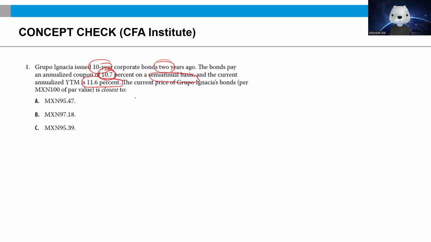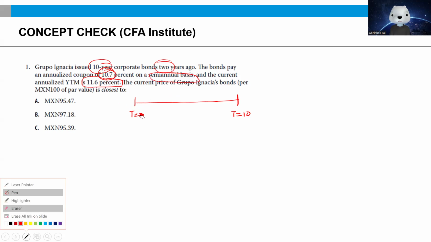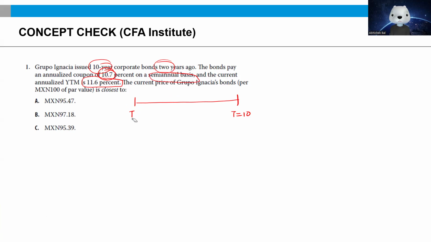All right, so let's first visualize the whole thing. We are talking about a 10-year period. This is where the bond was actually issued. So this is actually not t equal to 0.